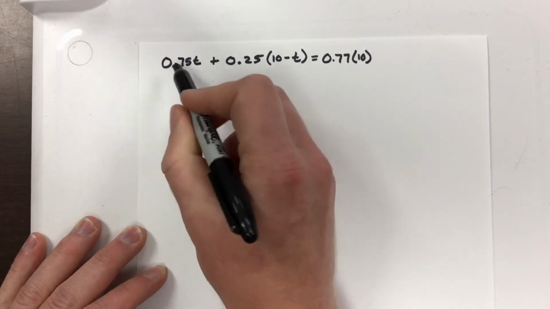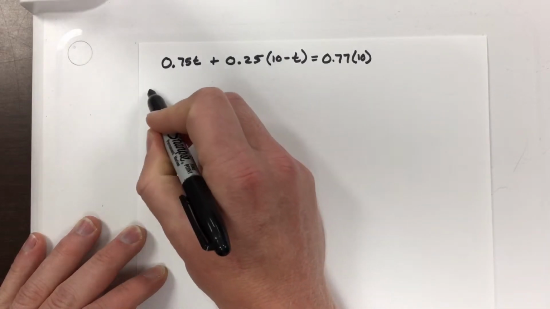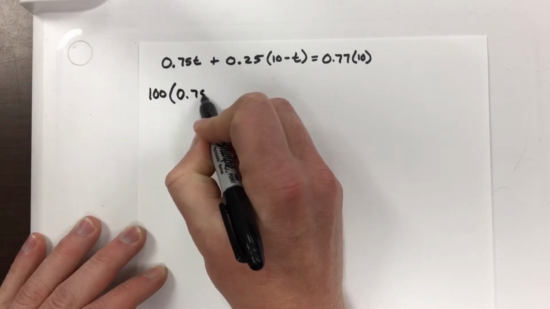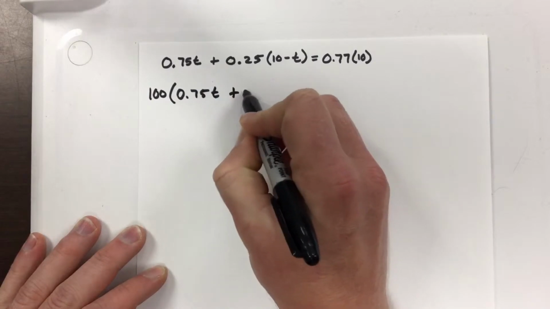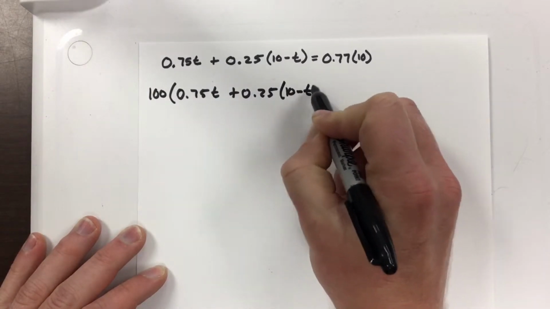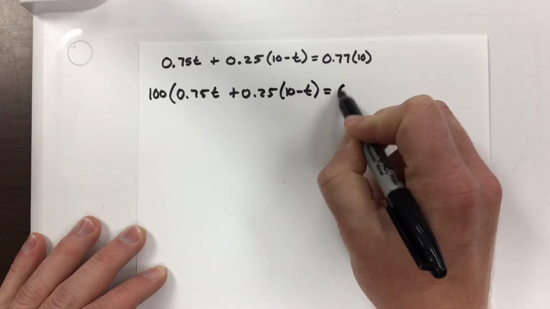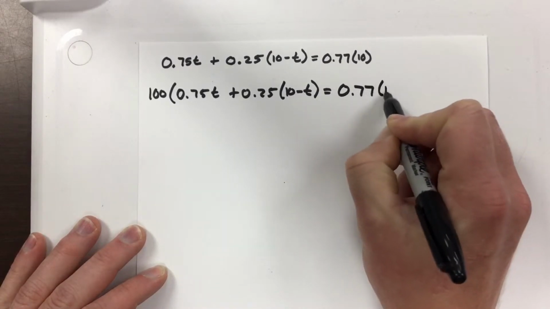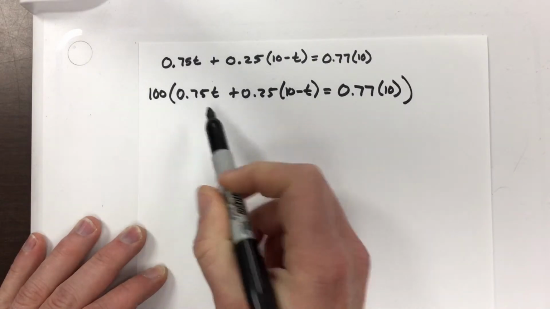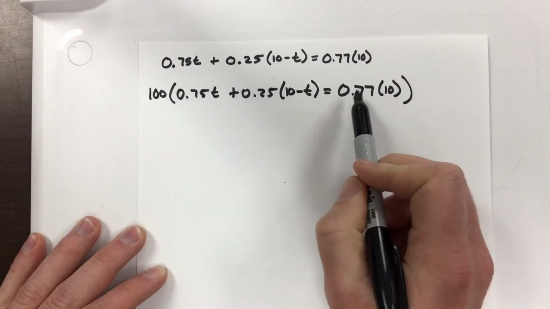So I need to multiply this whole equation by 100. So I'll take 100 and I'll take it times the entire equation. Now when I multiply the entire equation by 100, you'll see that I'll distribute it to each term.